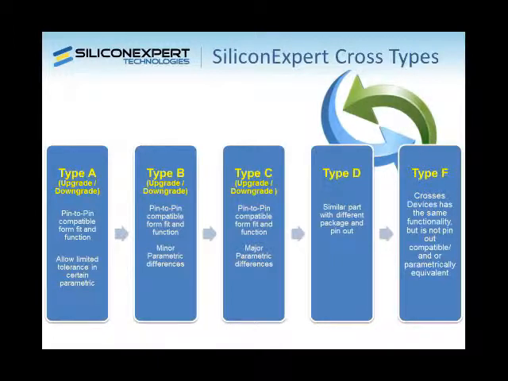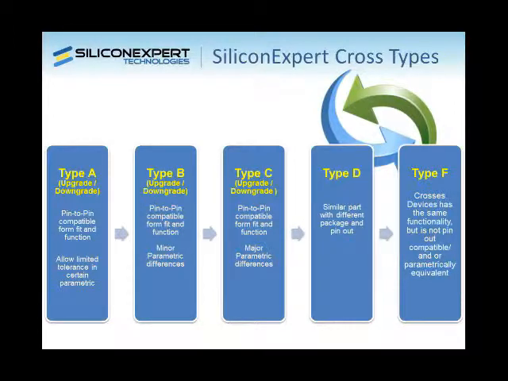Now, when we're looking for crosses, whether that be in the beginning when we're looking at a part and trying to find second sources, or whether that be when a disaster strikes and we need to quickly find a cross, SiliconExpert helps customers to do that. And we have broken it down into a series of types to define what the cross is.